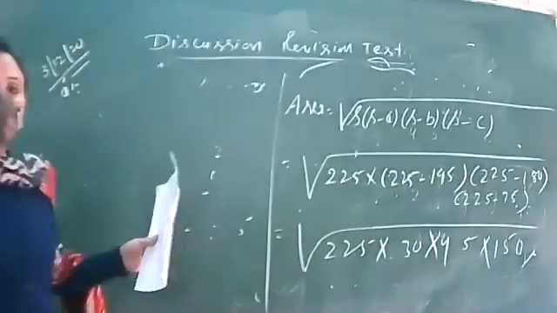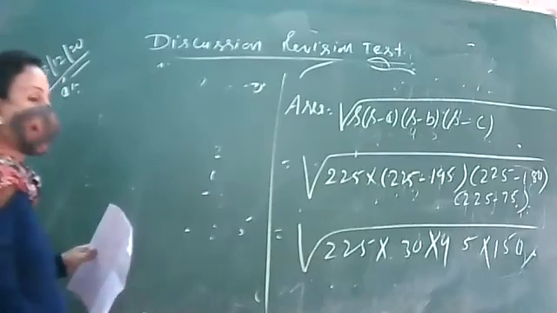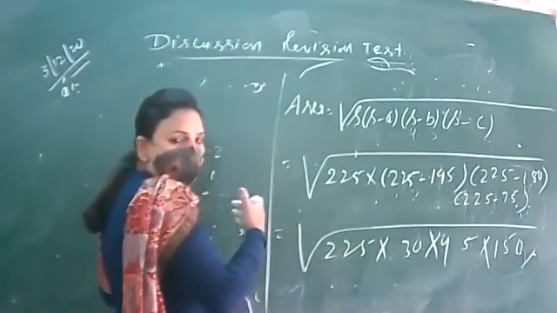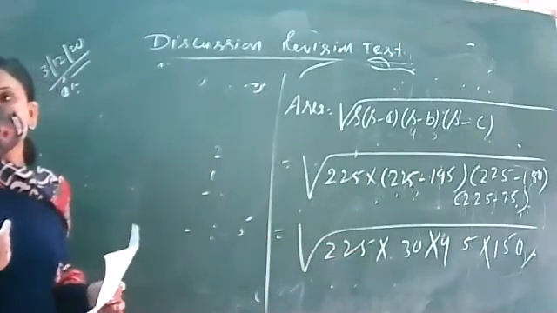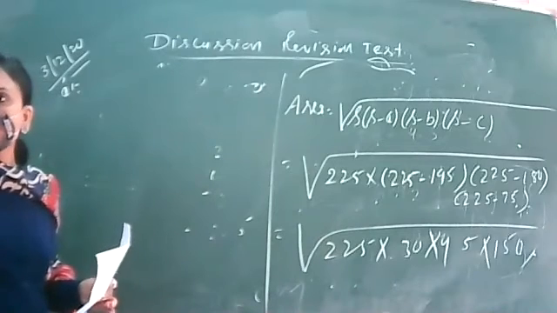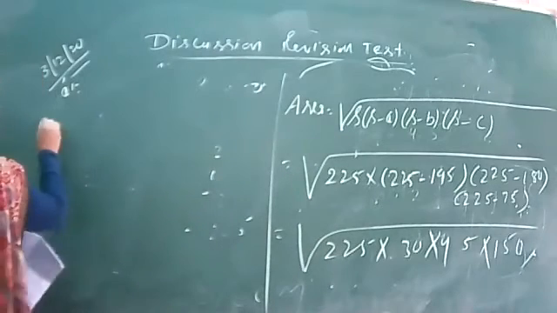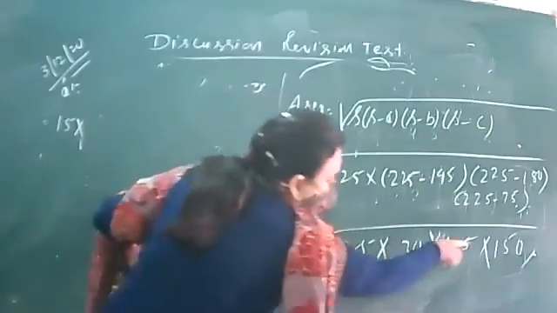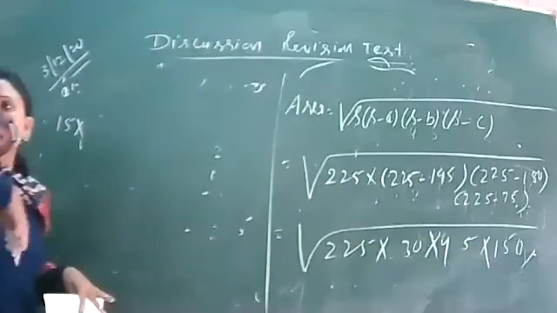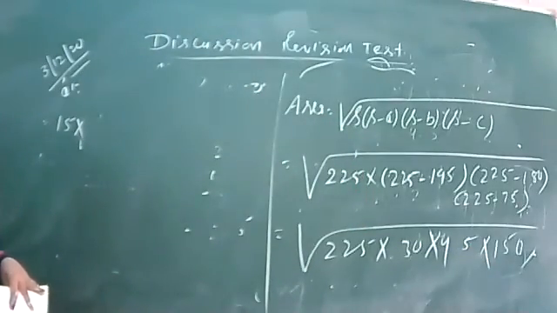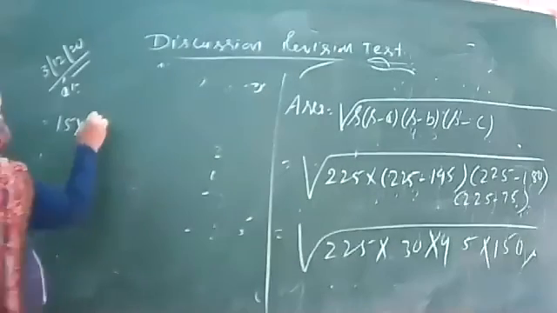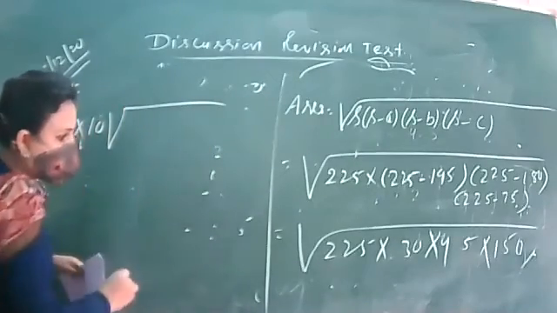Let us find the things that come out of the square root. I know that 225 is a perfect square, so why factorize it? Just take the square root of 225. What is the square root of 225? 15, so this comes outside. Moreover, there are 2 zeros inside the square root, so 10 comes out.